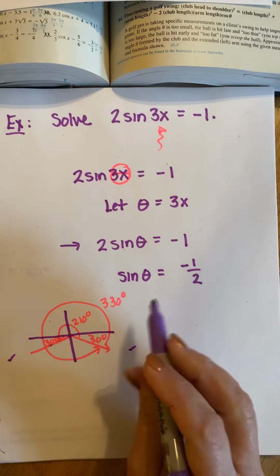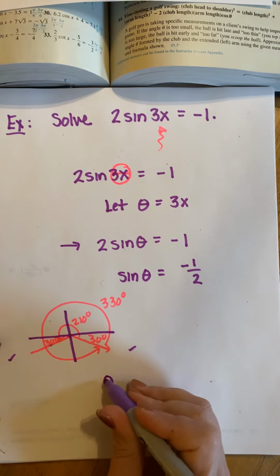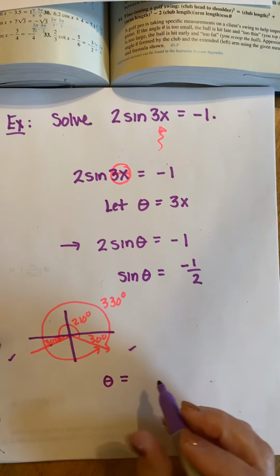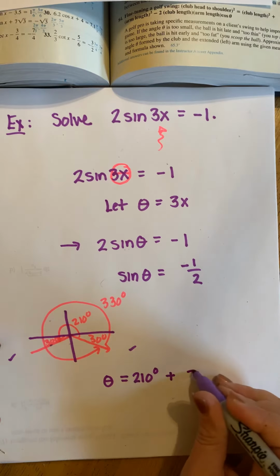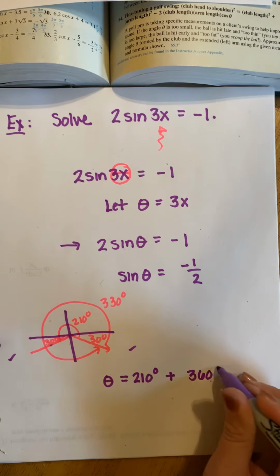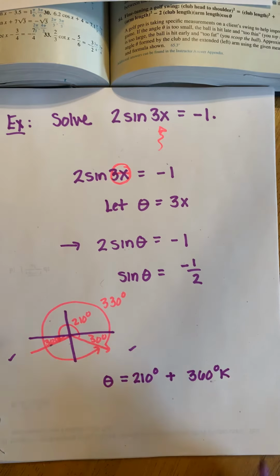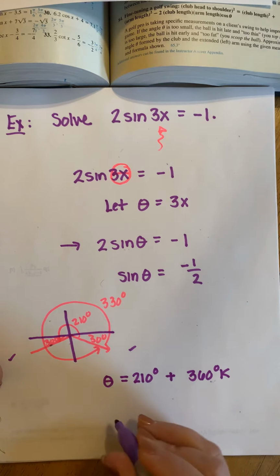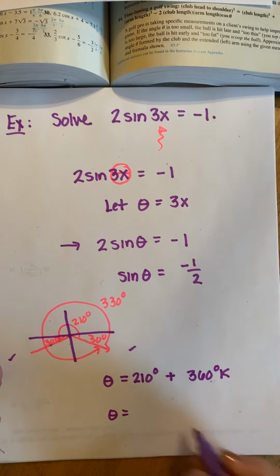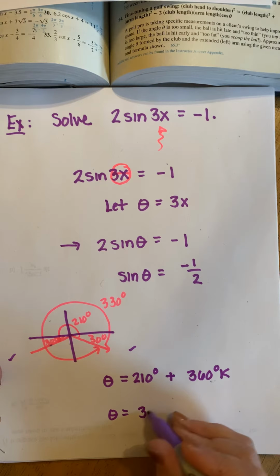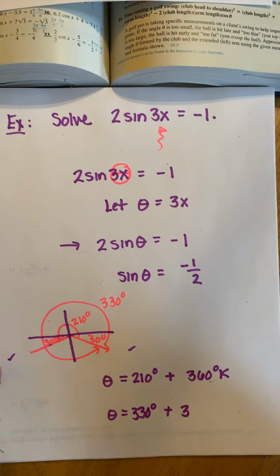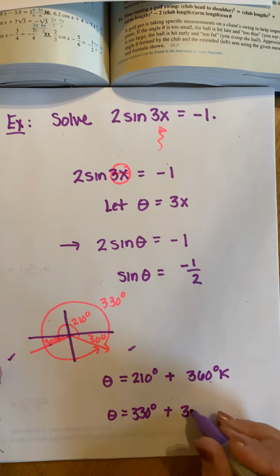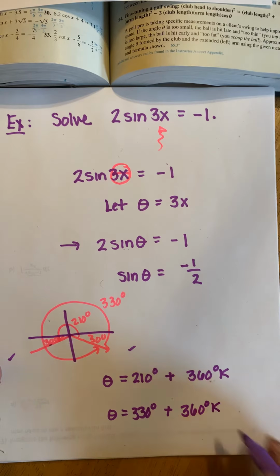Now here's where it gets a little tricky, because what we did is we just found the angles theta. Theta is equal to 210 degrees plus all multiples of 360, or all angles coterminal with 210 degrees. And theta is also equal to 330 plus all multiples of 360 degrees, or equivalently.